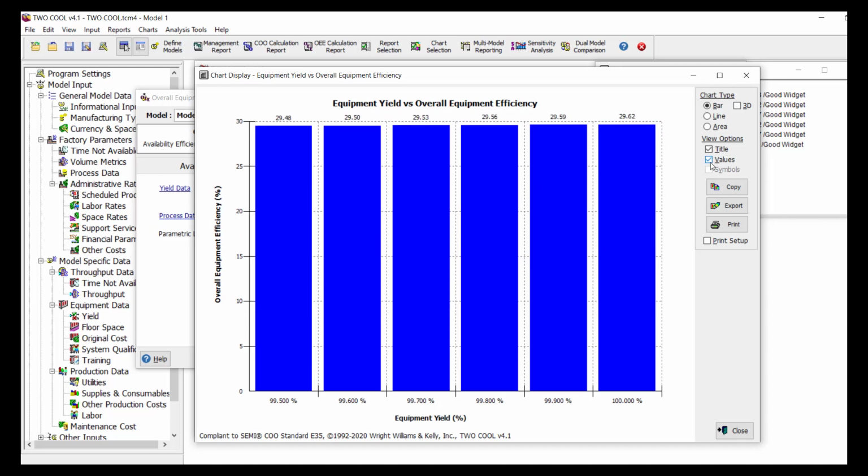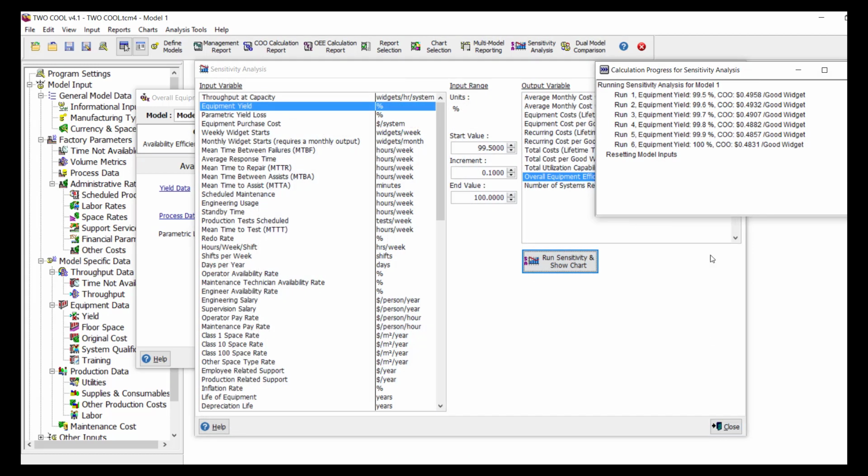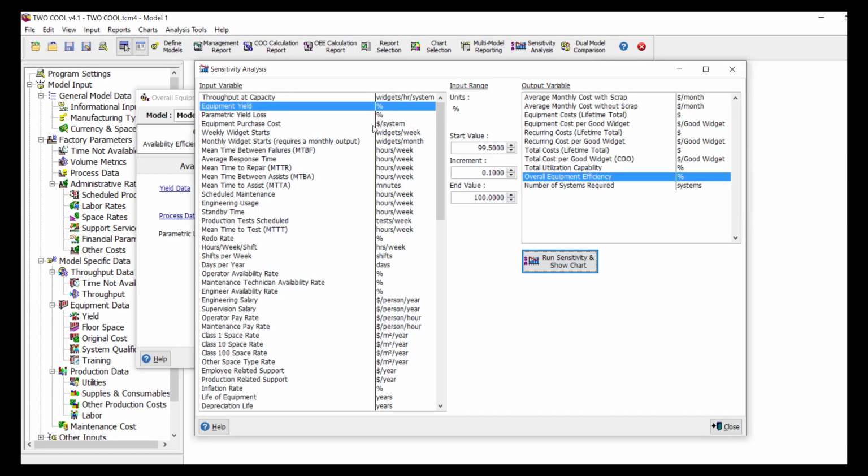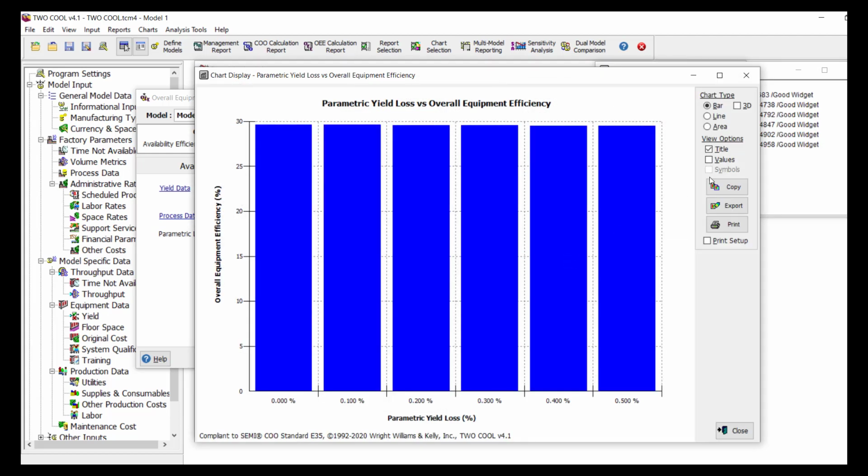Since equipment yield is so good already, there isn't much room to improve. But what about parametric yield loss? Again, the available improvement is small.